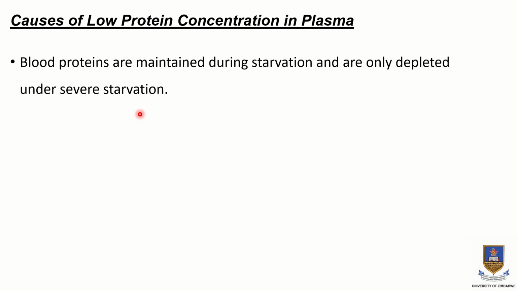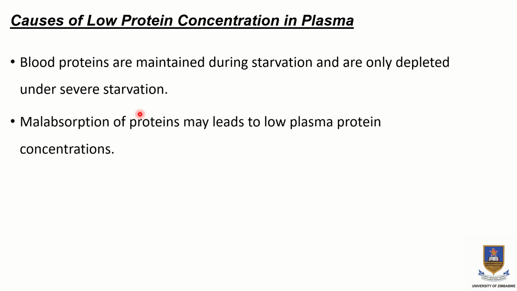Then the second point to note, a condition that is quite striking, is malabsorption, where the intestines find it hard to absorb the proteins from the diet, that is the exogenous products. This may also lead to low plasma protein concentrations.